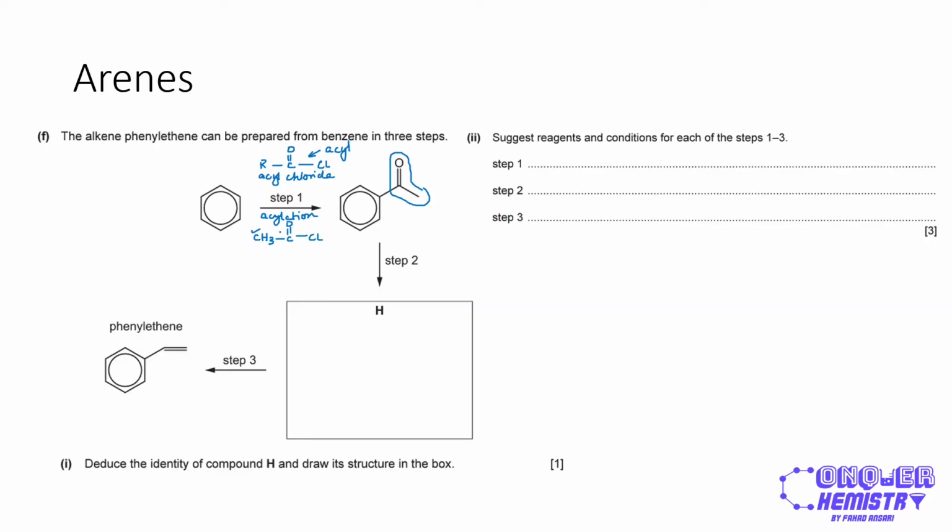Because it has 2 carbon atoms, we name this as ethanoyl chloride. So ETH for 2 carbon atoms, and the rest of the name is anoyl chloride. We need a catalyst for this, and in this case it will be AlCl3 catalyst once again.